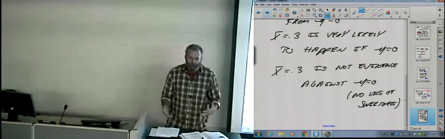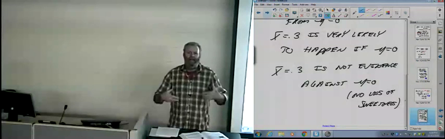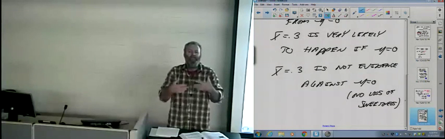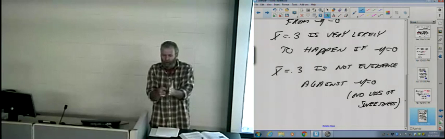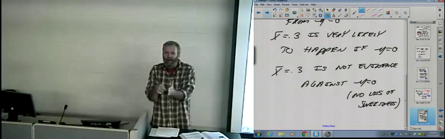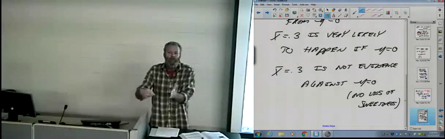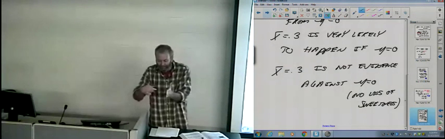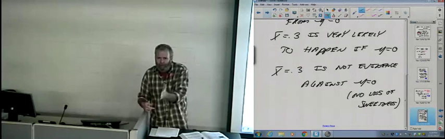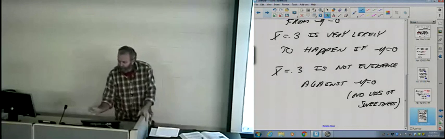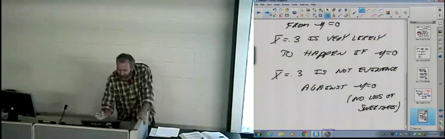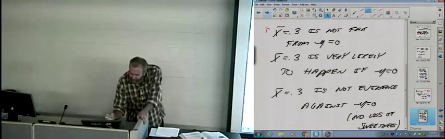In this case, we're looking to see if our x bar is providing us evidence against mu being 0. Mu equals 0 here, x bar is 0.3 here, you're not far away. That's very likely to happen. That's what you would expect to happen. You would expect an x bar of 0.3 if the mean was really at 0. Look, should I number these for us? All these are the same thoughts.